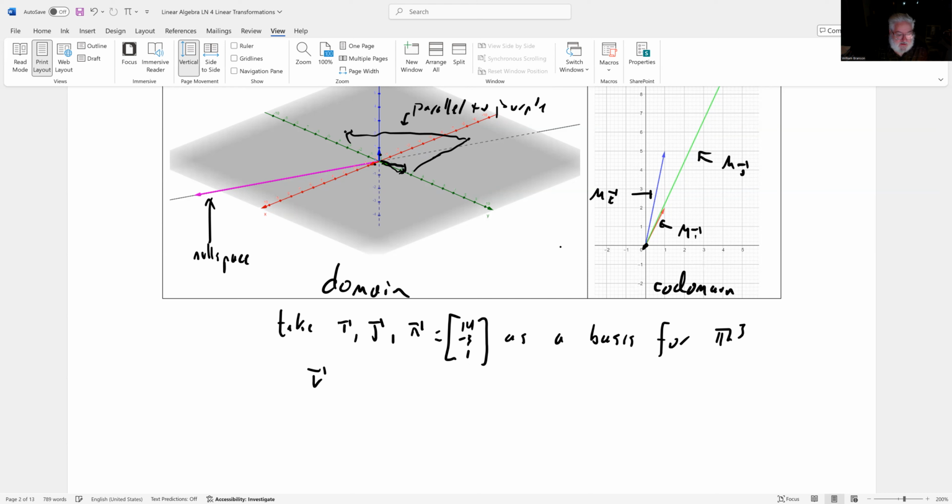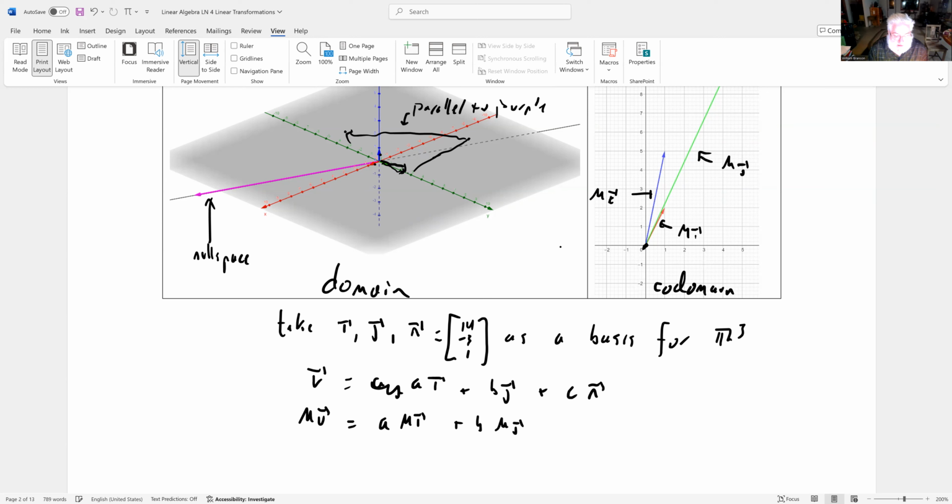Right? So we can take our vector and say it's a times i plus b times j plus c times n. And then what's M times v? Well, that'll be a times Mi plus b times Mj plus c times Mn. But that's just a Mi plus b Mj plus 0, because n is in the null space.